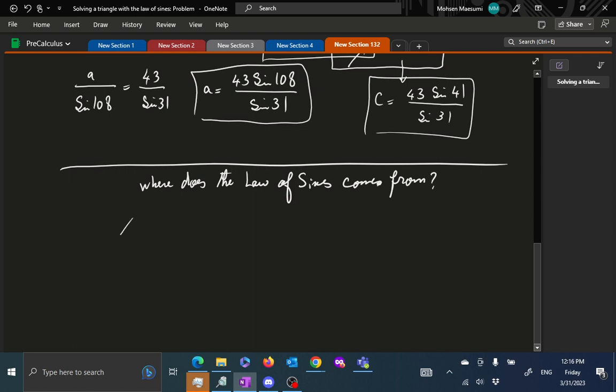It's very straightforward actually. Let's draw a triangle. Let's consider this thing angle A, angle B, angle C. This is little a, this is little b, and we go ahead and draw the perpendicular from this point.